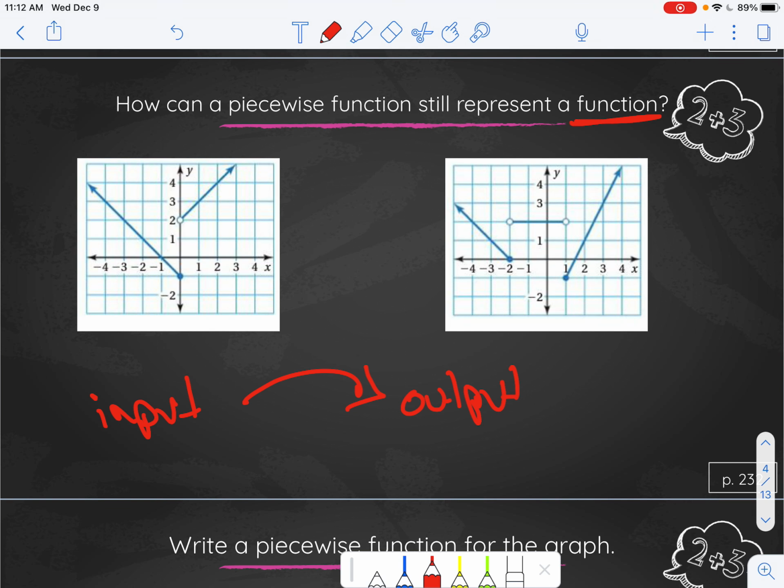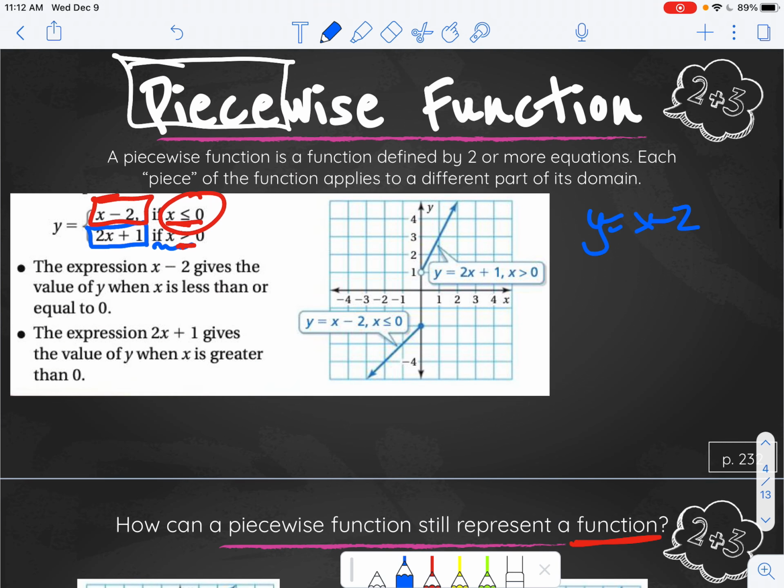Anyway, how can a piecewise function still represent a function? Well, that's because, by definition, we still have one output for each input. And what I mean by that is if we have our piecewise, let's look back up here. If we have our piecewise right over here, you could give me any value.